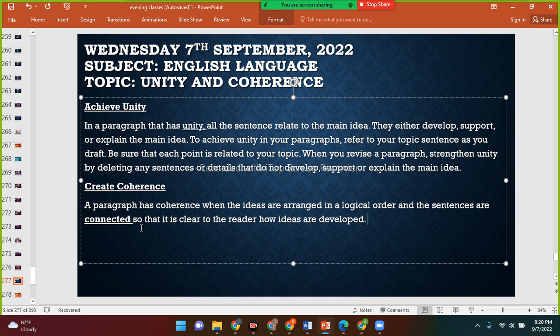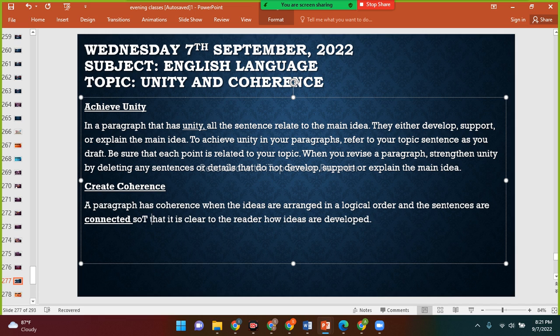Coherence not only deals with connectedness, but also with logical order. I must be able to understand what you're saying and how you are developing these things. It must not be done in a haphazard way. You must see careful, thorough development of your ideas. That's coherence.